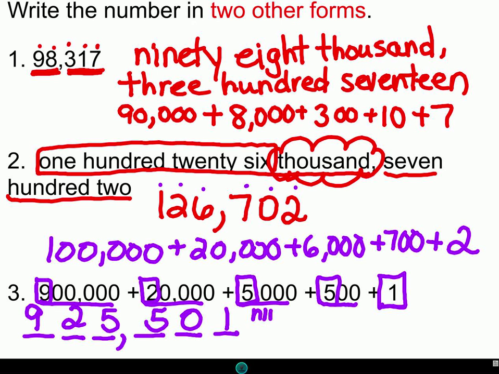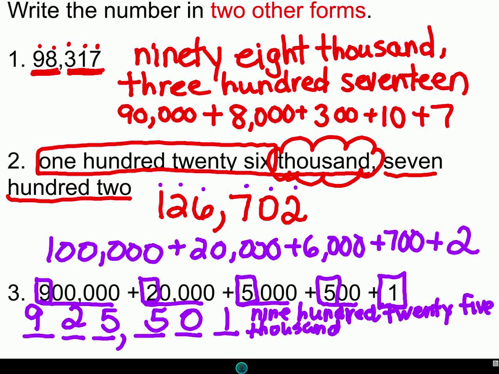So I'm going to write really small. 925,000, comma, 501. I fit it. Yay.